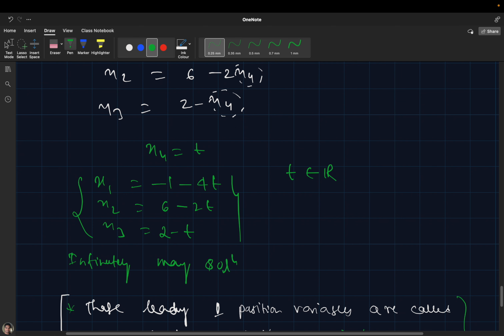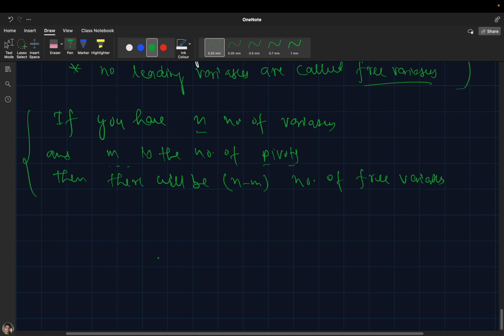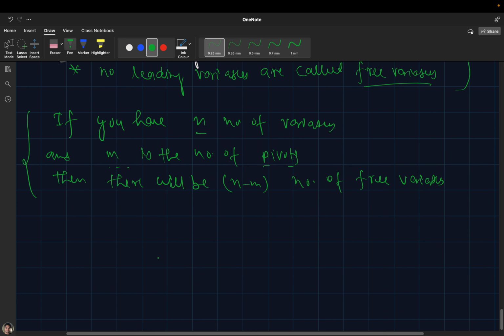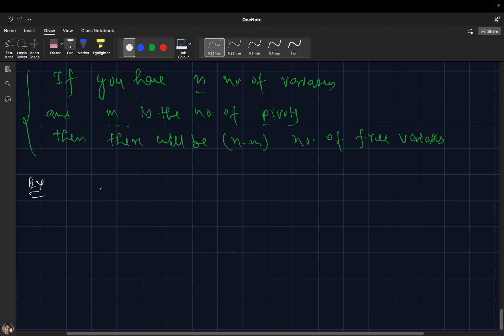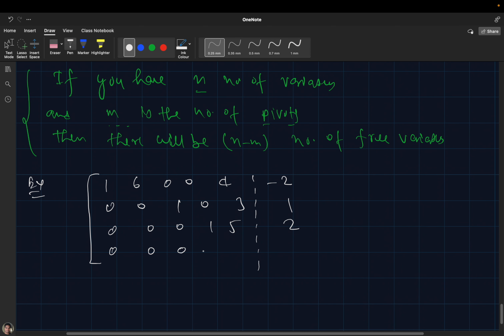So that is the advantage of row reduced echelon form. Now let's take a second example. Suppose you have an augmented matrix like this: 1 6 0 0 4, augmented by -2, 0 0 1 0 3 1, 0 0 0 1 5 2, 0 0 0 0 0 and 0.